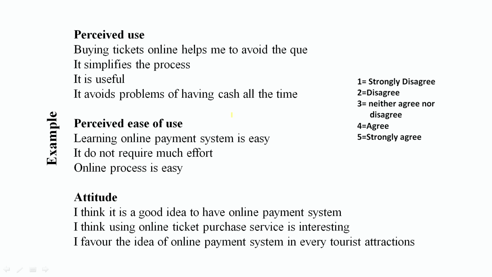So, how many items are under perceived ease of use? This is number 1. Number 2, it simplifies the process, useful, avoids problems of having cash all the time. There are 4 items under perceived usefulness, and there are 3 items under perceived ease of use, and again 3 items under attitude.